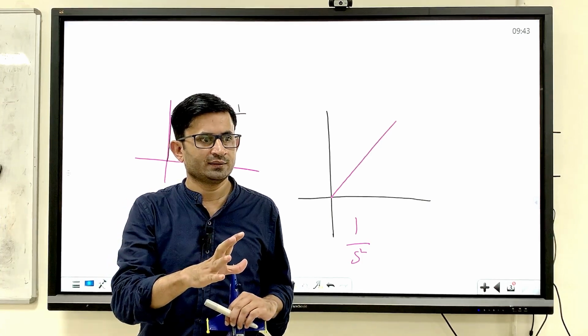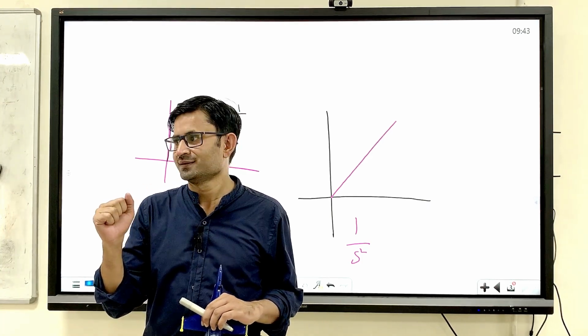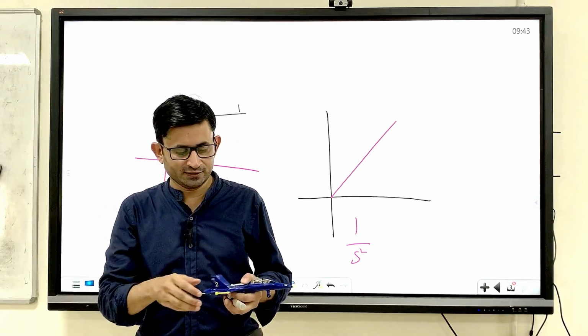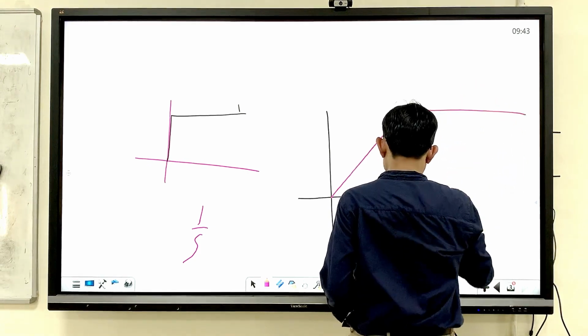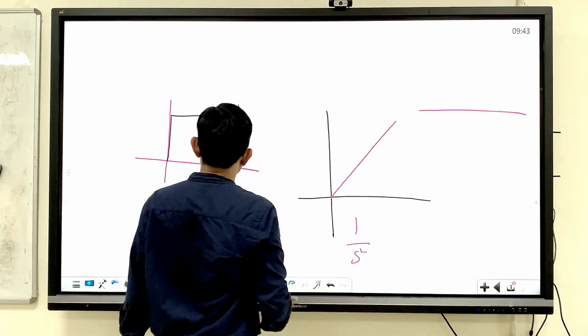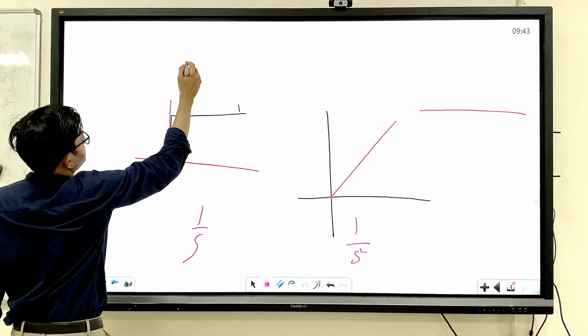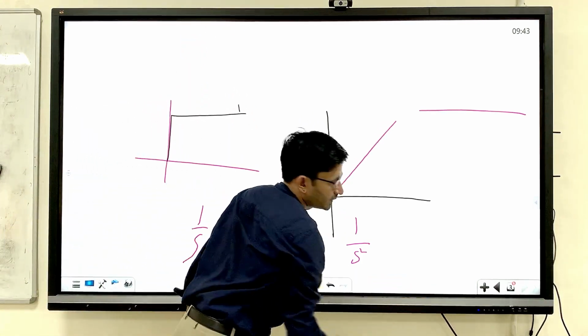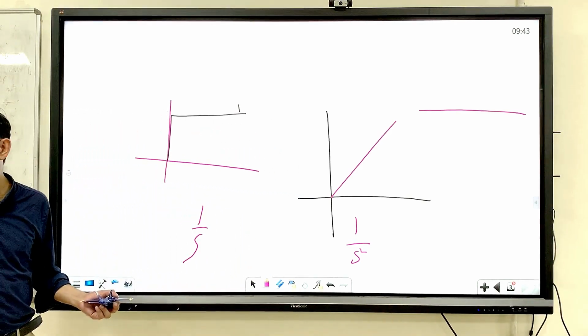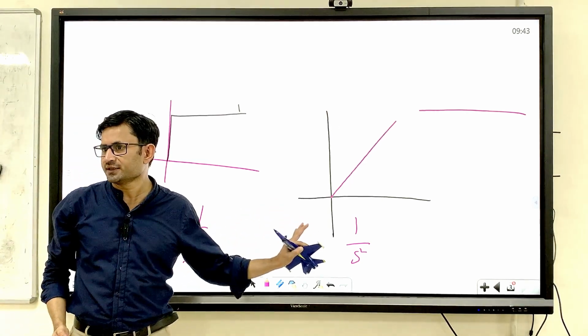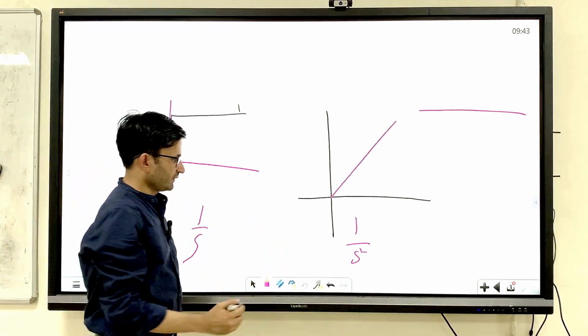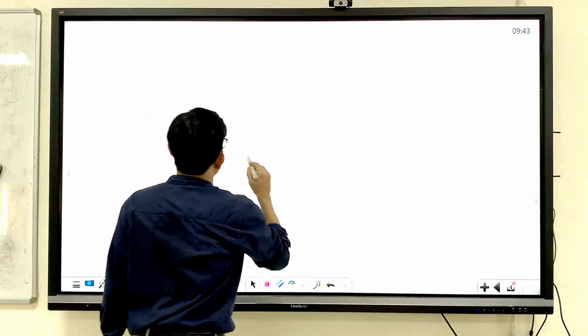Suddenly on and off. Mathematically we will see first. You have noted down, right? So unit step and unit ramp are clear. Now I will tell you the unit impulse.